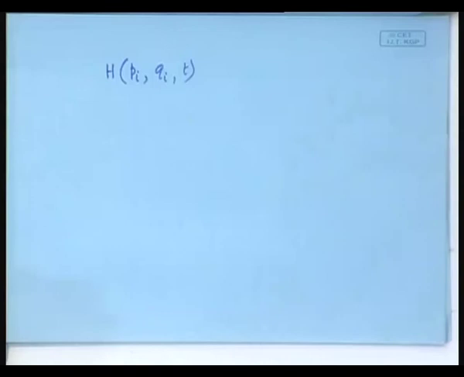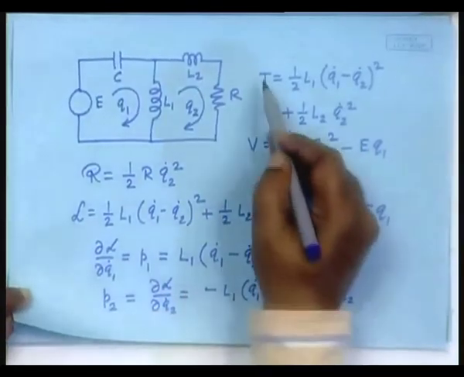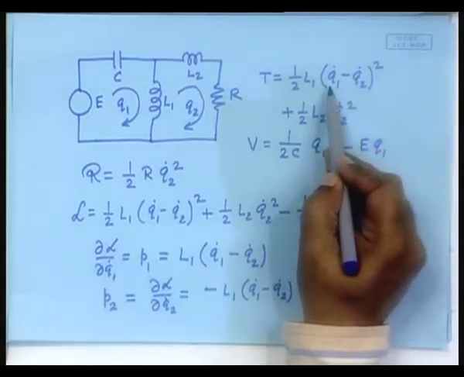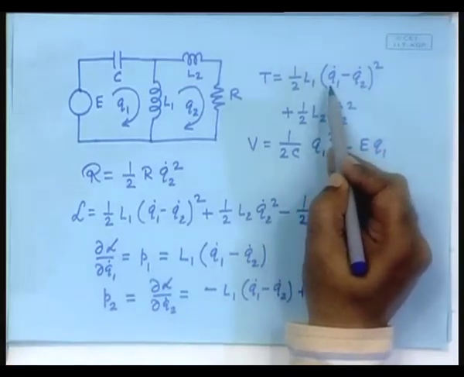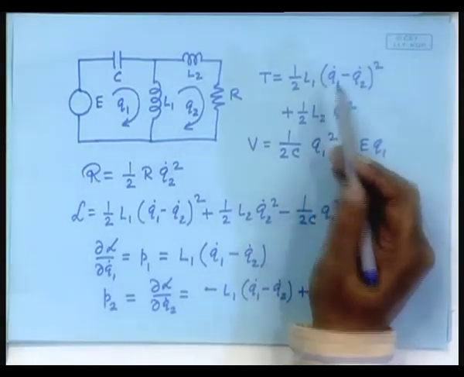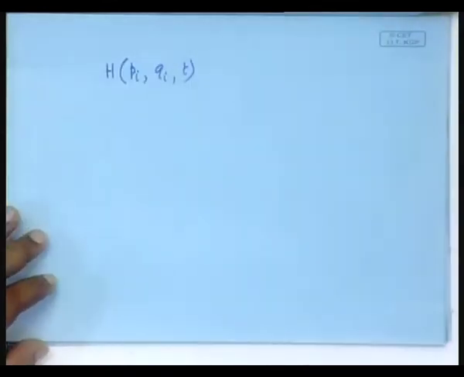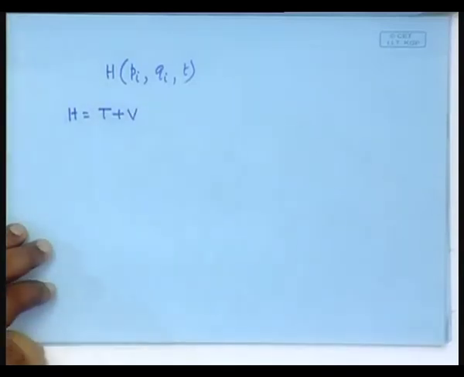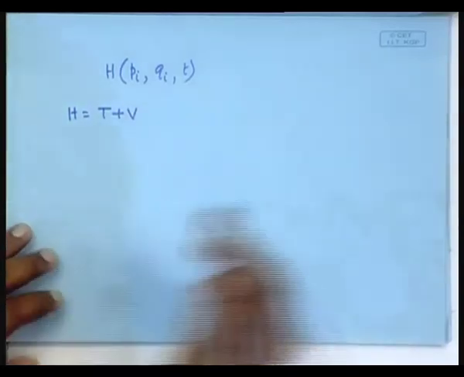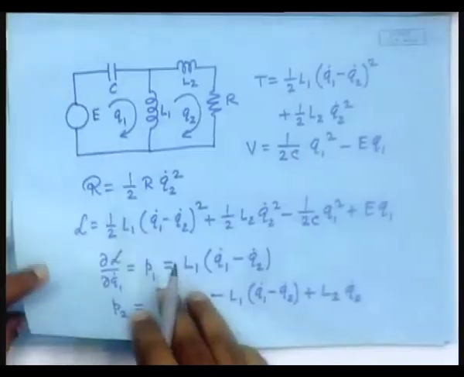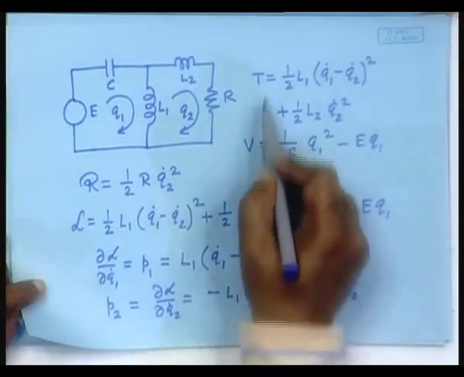The problem is that if I simply write it as T plus V, it is expressed in terms of Qi dot, not as Pi. So, the first task will be to express it in terms of Pi. Clear? In this particular example, H is T plus V, and let us write down T plus V first, using the expressions for T and V that we have already written.